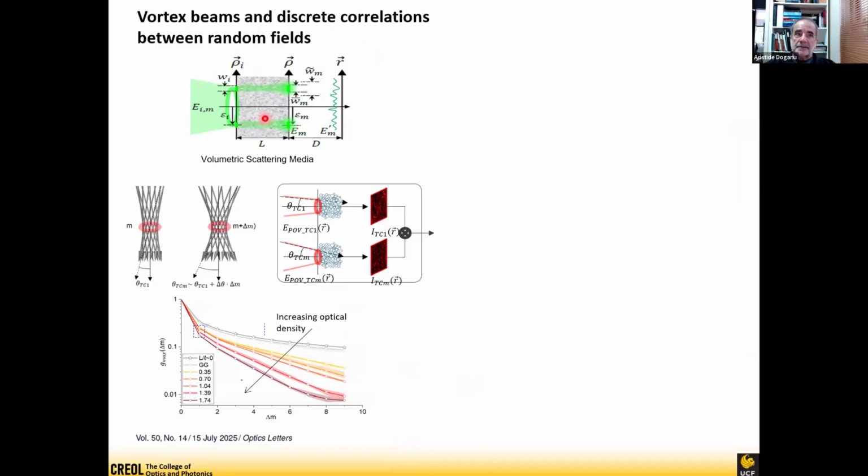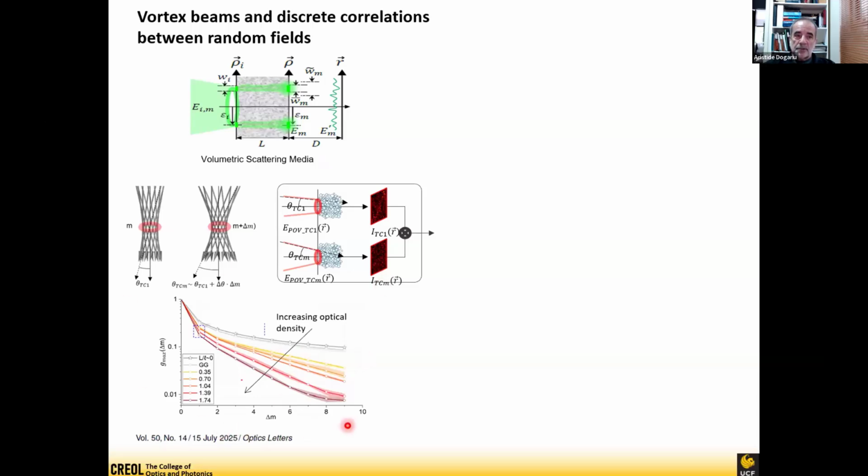The fact that you have a discrete basis for these random fields, namely the topological charges of these fields, allows you to actually create and use discrete correlations between scattered fields.